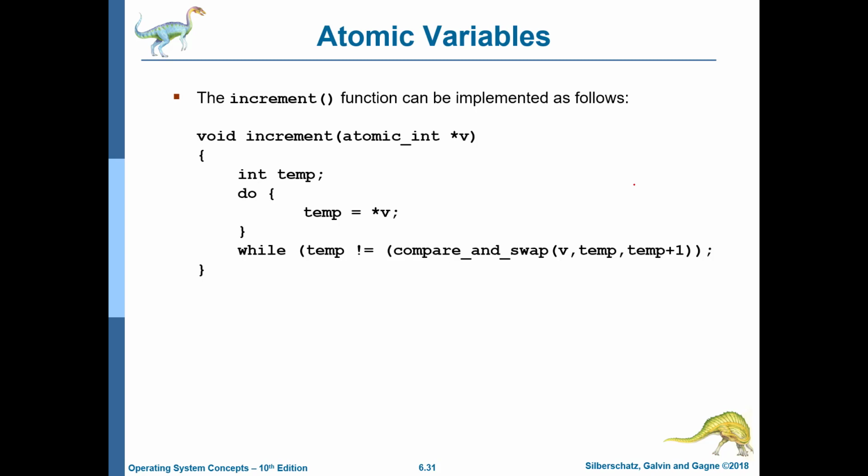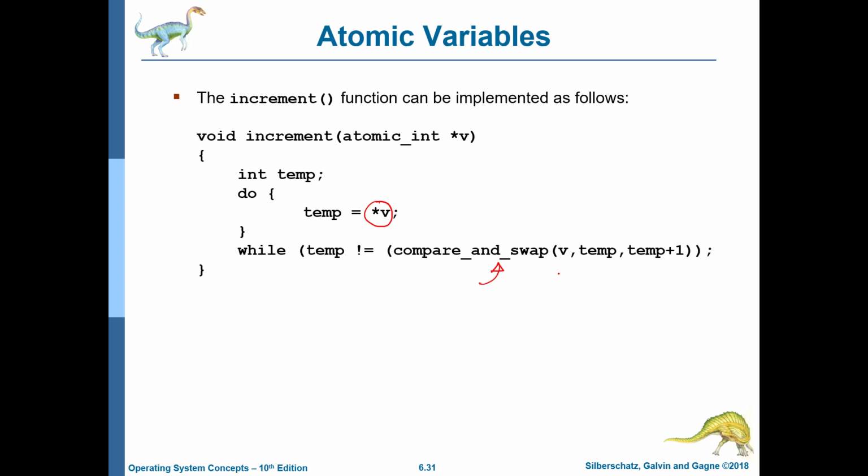So if I were to implement an atomic variable and have a function called increment, atomic int star v, a pointer to an atomic variable, here is what I would do. I would have a do while loop. In the do while loop, I will let temp be the value of the variable as long as I am not able to compare and swap.